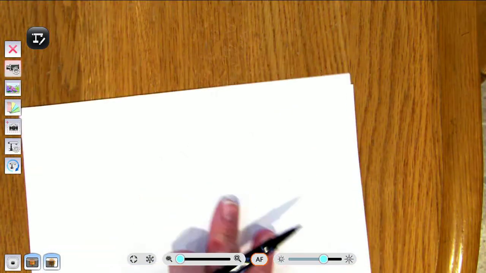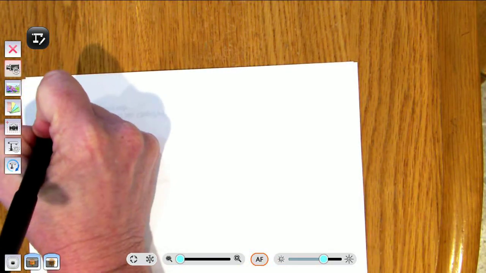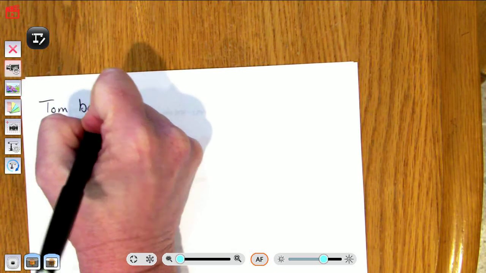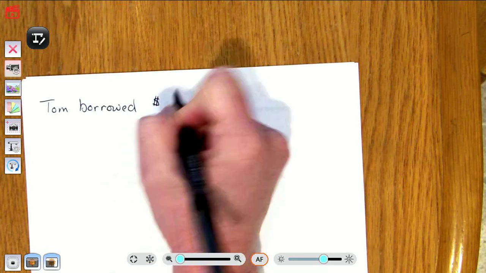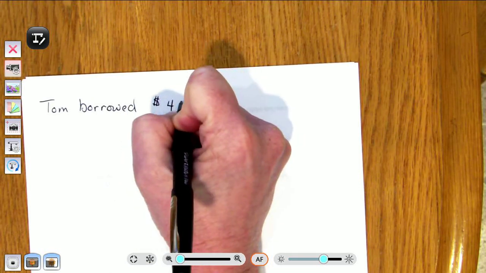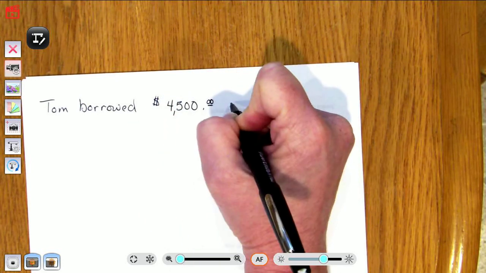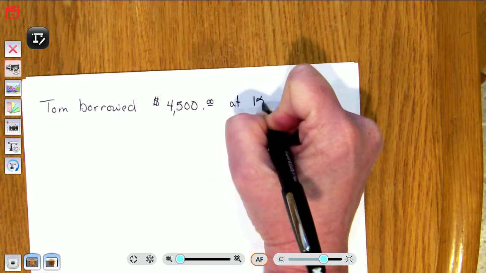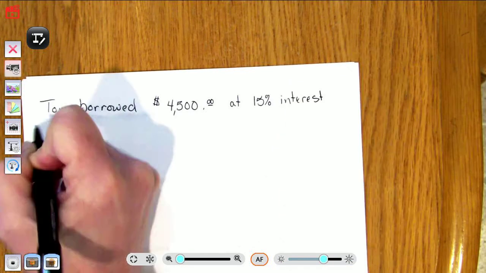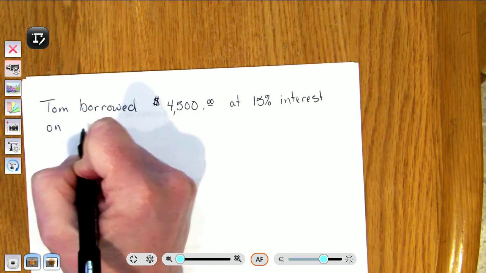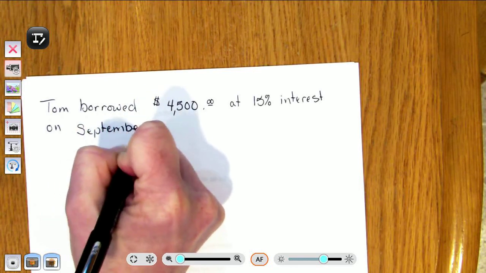Okay, let's say that Tom borrowed $4,500 at 15% interest on September 5th.